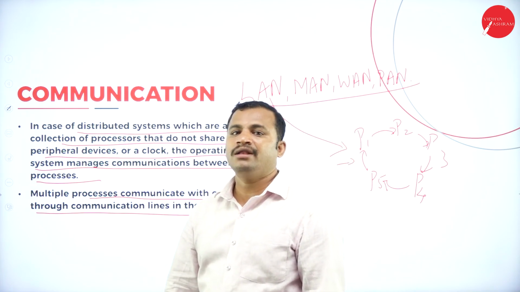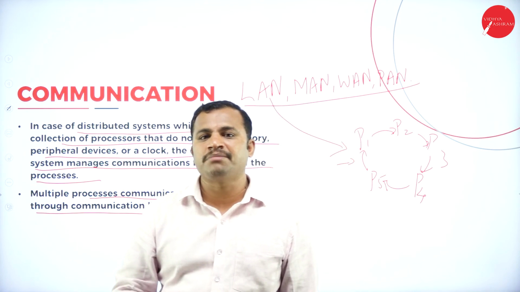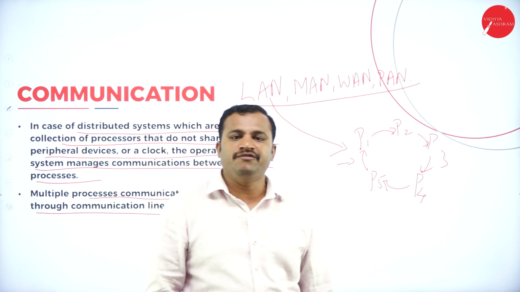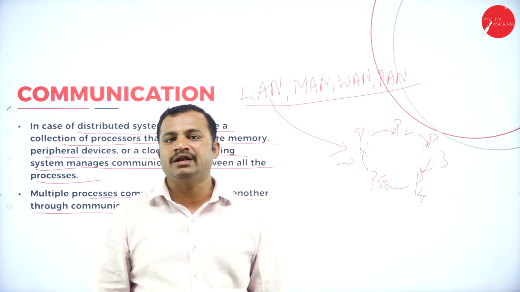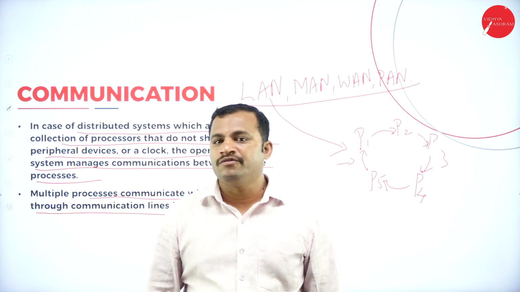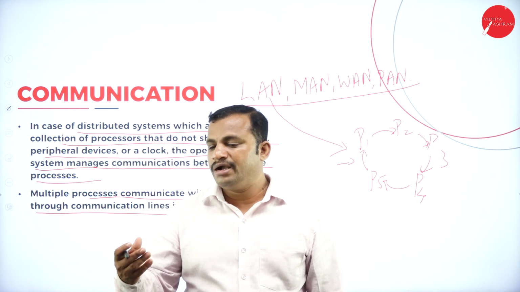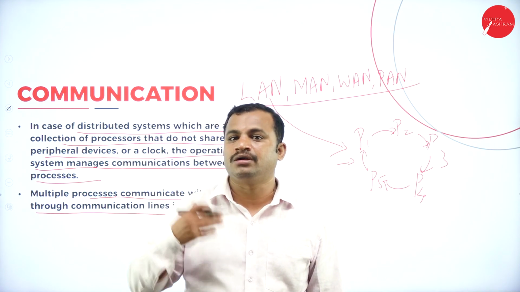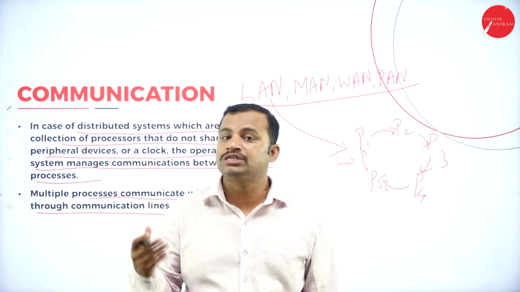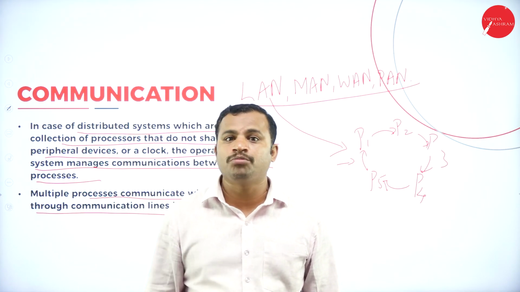If I take the LAN, only within a building or within a campus, we can communicate from one computer to another computer. In the case of PAN, personal area network, we have mobile devices, also called ad hoc networks, wherein one mobile device can communicate with another mobile device within the vicinity. We have a MAN, metropolitan area network.